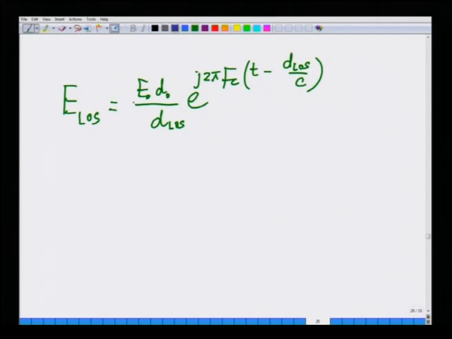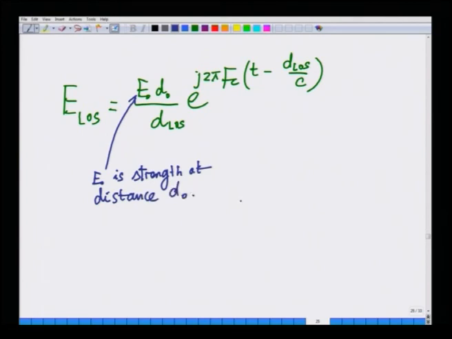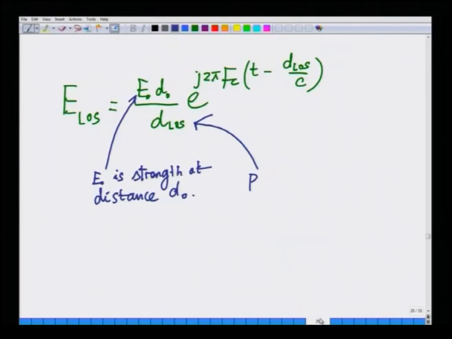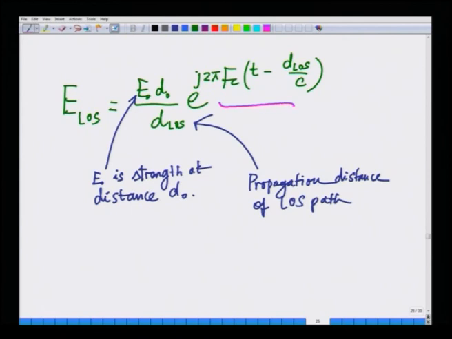So, what we are saying is that E naught is the field strength at distance d naught, which is some constant. d LOS is the line of sight propagation distance, the propagation distance of the LOS path, and this is the phase factor arising in the carrier due to the propagation.